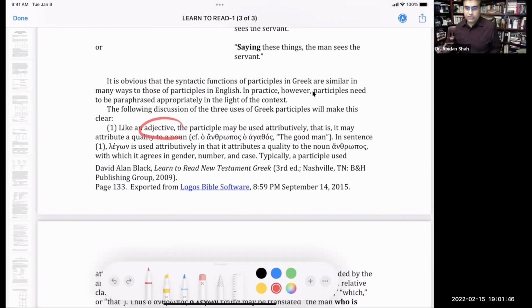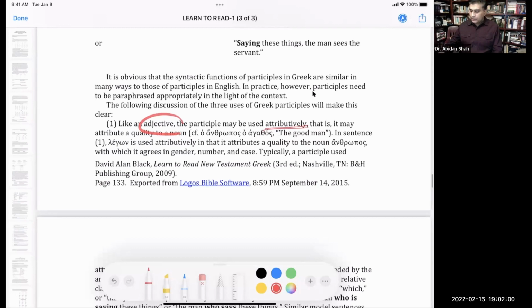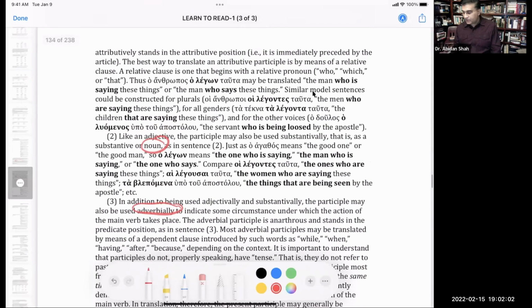Now, how do they function? Well, sometimes, as adjectives, they function attributively. That is, they may attribute a quality to a noun, a good man. Sometimes they function substantively. That is, as a substantive or a noun, as in the sentence, the good one or the good man.